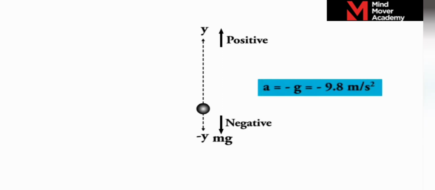Since the acceleration due to gravity is always downward, it is in the negative direction, and we have a is equal to minus g is equal to minus 9.8 meter per second square.